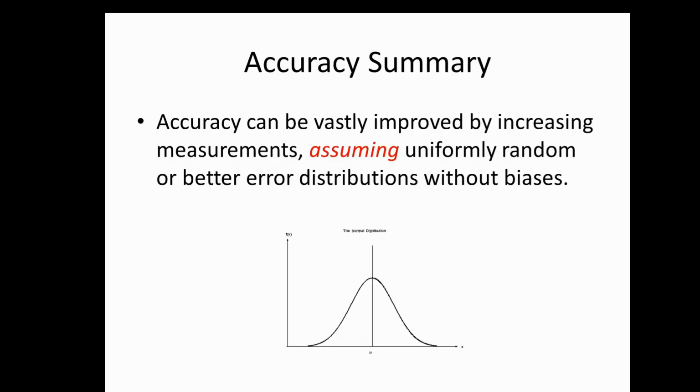As far as accuracy, from what I found, accuracy can be vastly improved by increasing measurements, assuming a uniformly random or better distribution of errors without biases. The question becomes, in the real world, what are the actual accuracies and biases of the recording networks used for the climate measurements? I don't know, and honestly, I don't know if you can put a number to it.